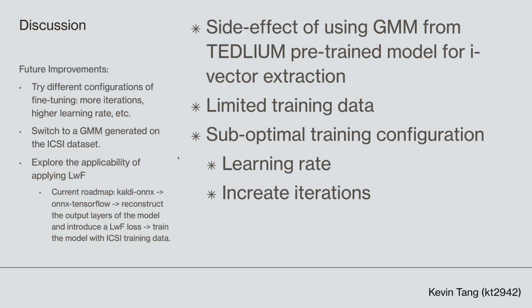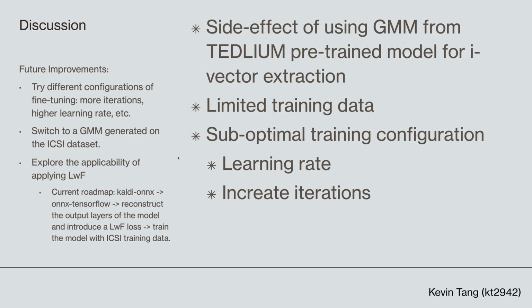One thing I'd like to discuss here is that among all these three experiments, the word error rate for the ICSI dataset is quite high, and I think that's due to several reasons.